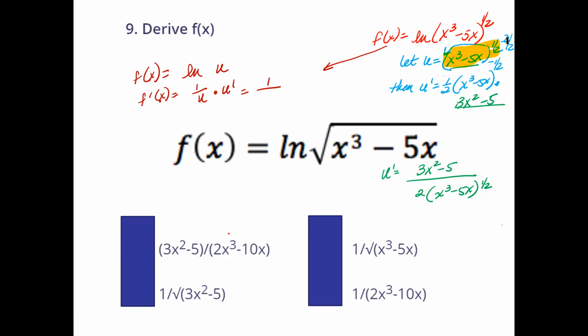Don't get confused with the minus 2 over 2. So 1 over x cubed minus 5x to the 1/2 times u prime. u prime is this part right here. So 3x squared minus 5 over 2 times x cubed minus 5x to the 1/2.